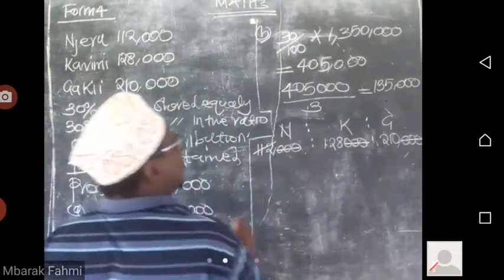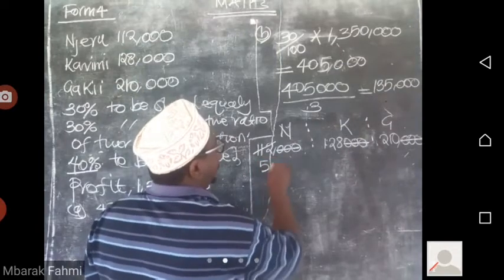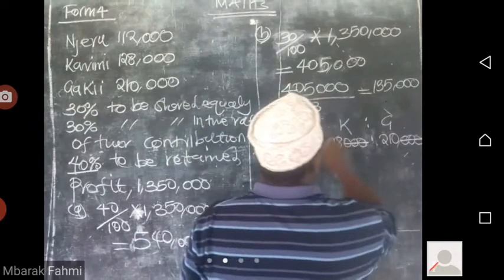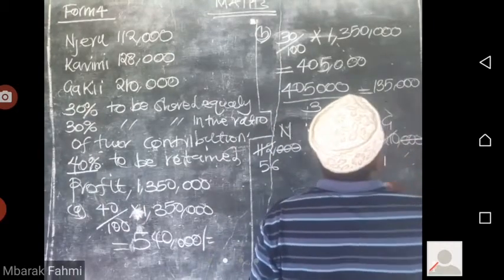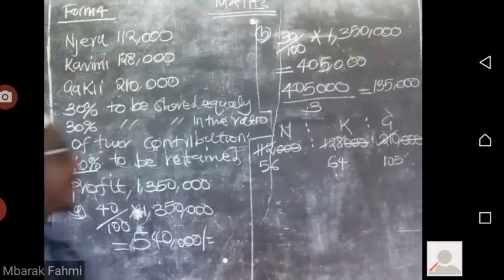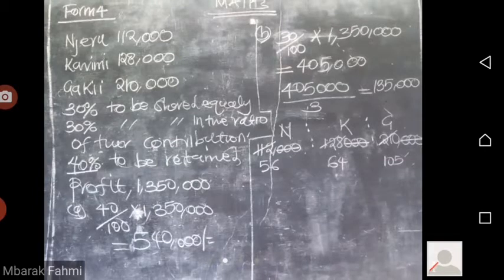We can divide by 2: 56, 64, 105. 56 can go by 7, 64 cannot. 56 can go by 8, 64 can also go by 8, but 105 cannot.